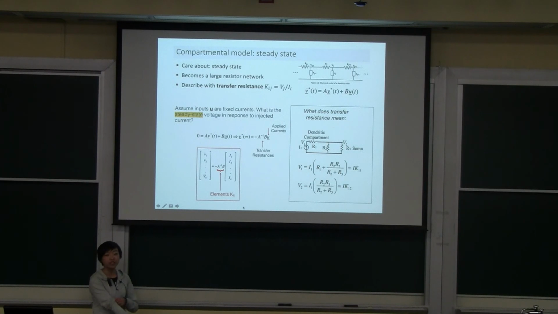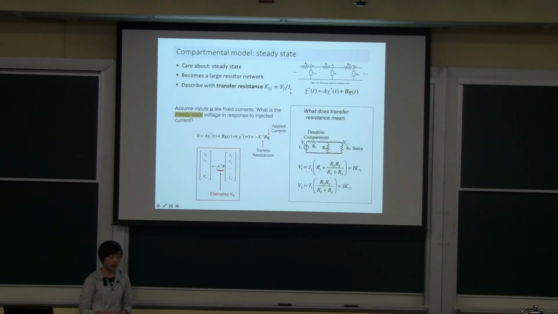If you still remember, it's the transfer resistance. Each Kij means if you're measuring the voltage at node j and you're injecting current at node i, then Vj over Ii equals Kij.